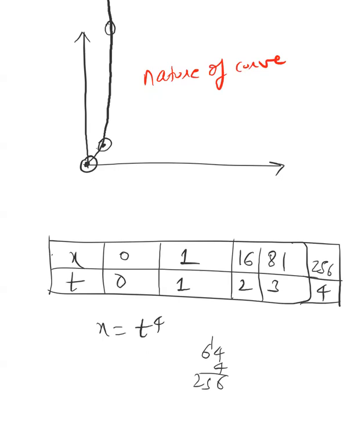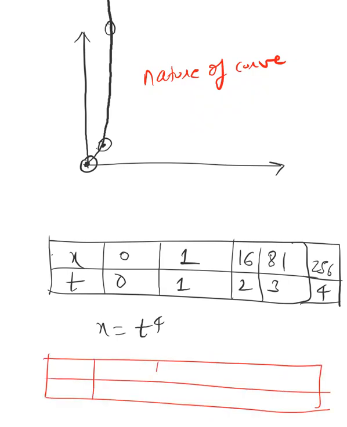But compared to this, if you see the cubic curve: 1, comma 1 is the common point, right?